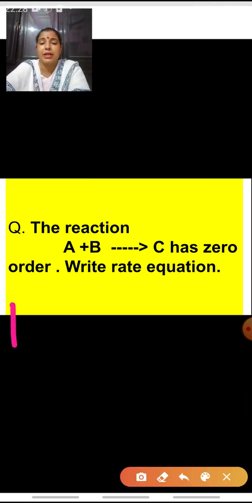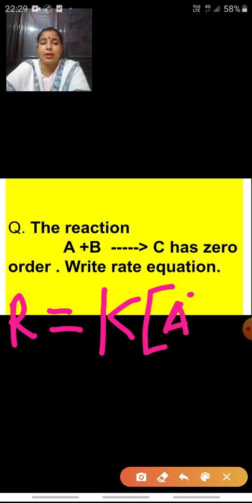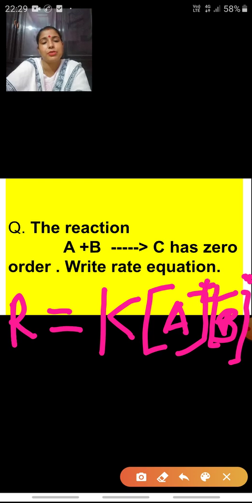We write it as rate is equal to K into concentrations of reactant. Now for a zero order reaction, you have to see the powers: the sum of these two powers should be equal to 0. So you can write down what should be the value of powers here and here.